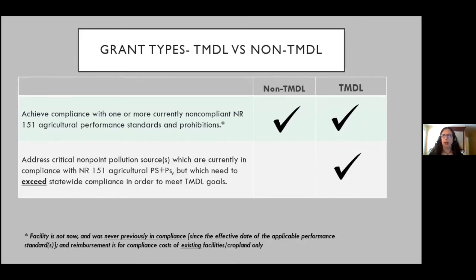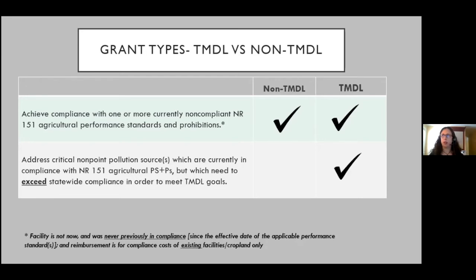However, unlike non-TMDL TRM projects, TMDL TRM projects can also cost share BMPs that exceed performance standards at sites already in compliance, if doing so is required for implementation of pollutant-specific TMDL goals.